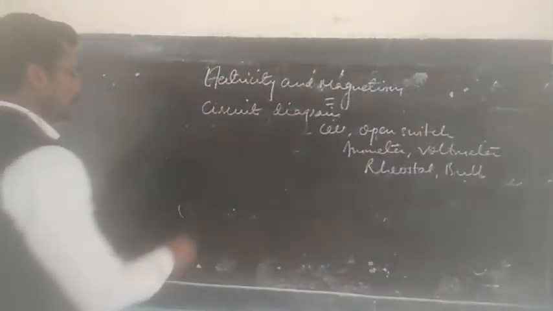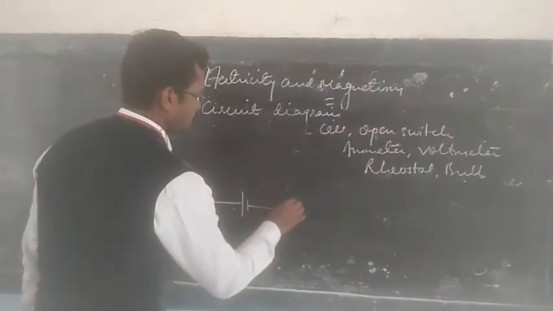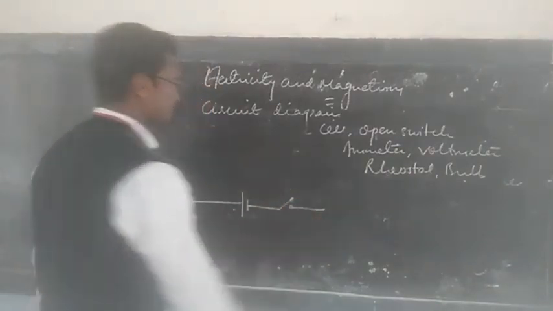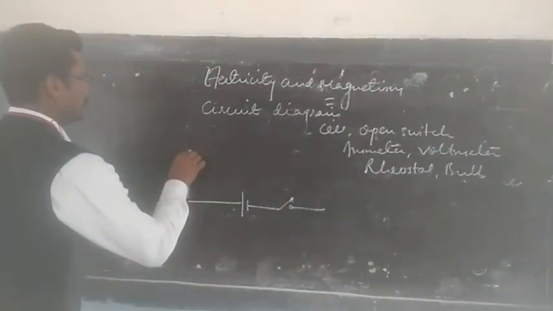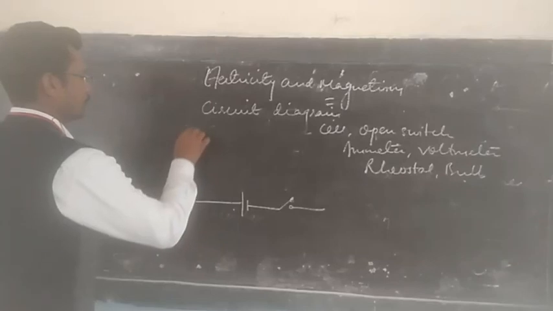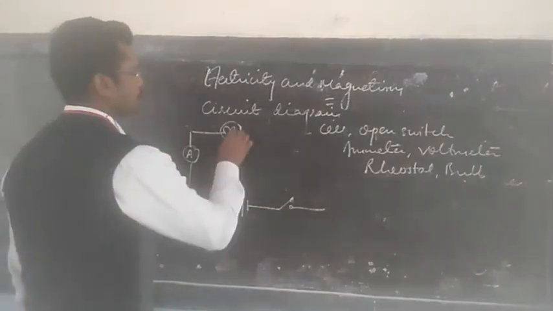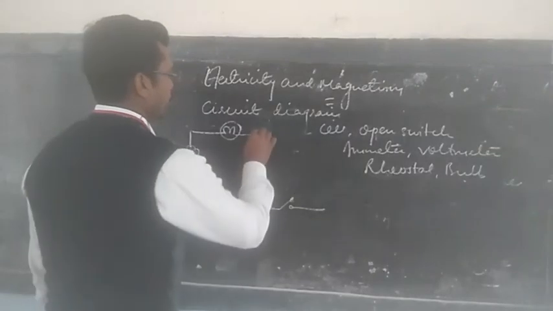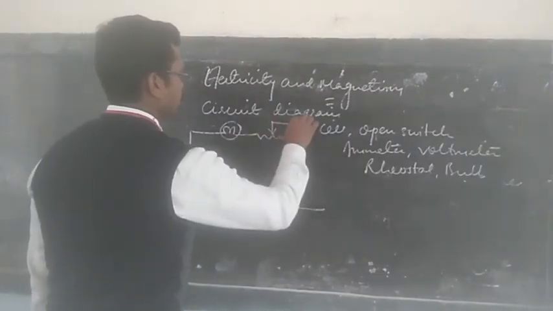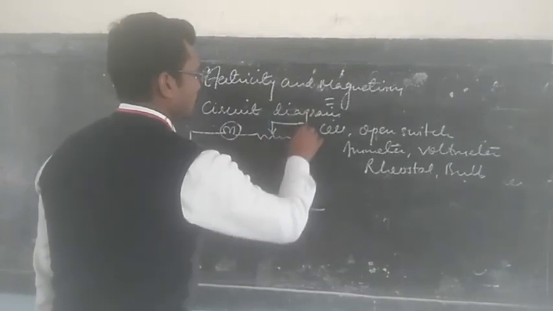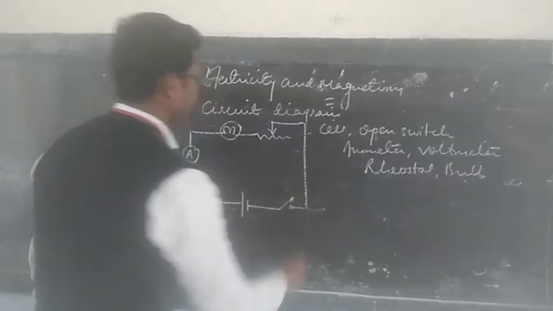Let us see how. First you draw a cell, then there is an open switch. This is the symbol of the open switch. There is an ammeter, then there is a bulb, then we have the rheostat, this is the rheostat, and so these are the various elements we have used.